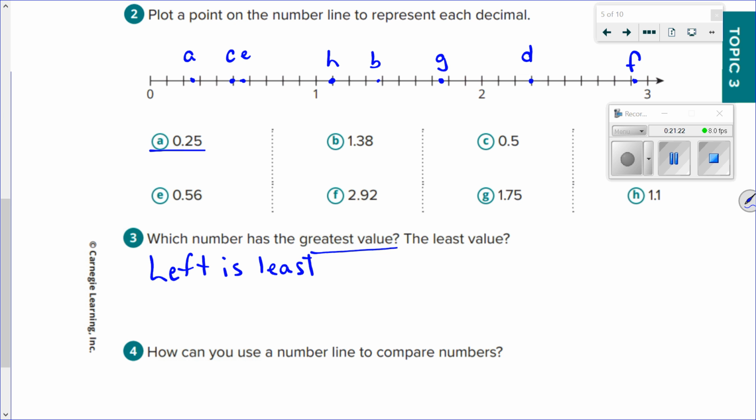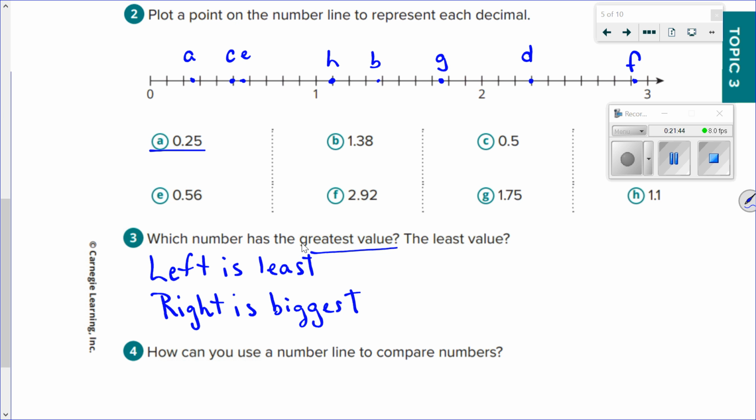So the furthest left is the smallest, or right is biggest. So I don't want you to think in terms of zeros or in terms of the numbers on the lines. Just get this thought in your head. If I'm on a number line, the one furthest left is least or smallest. The one furthest right is largest.